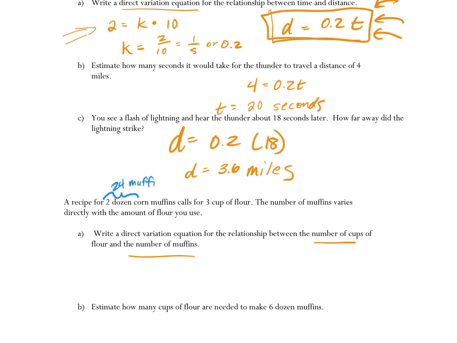Okay. So we know that the muffins vary directly with the cups. Okay? So once we find k, we can use that equation to help us over and over and over again. So we know that 24 muffins is what happened when we had 3 cups.